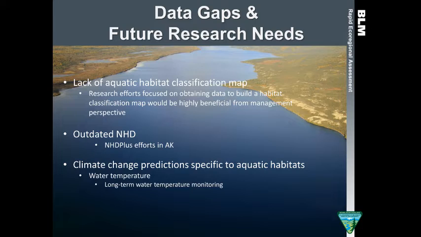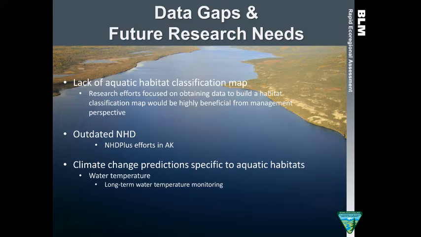So those were just two of the examples we wanted to show you from some of the climate change variables, and then we just wanted to highlight feedback from the ANT team that data gaps were an area they wanted more input on, also with some potential suggestions for future research efforts and needs.